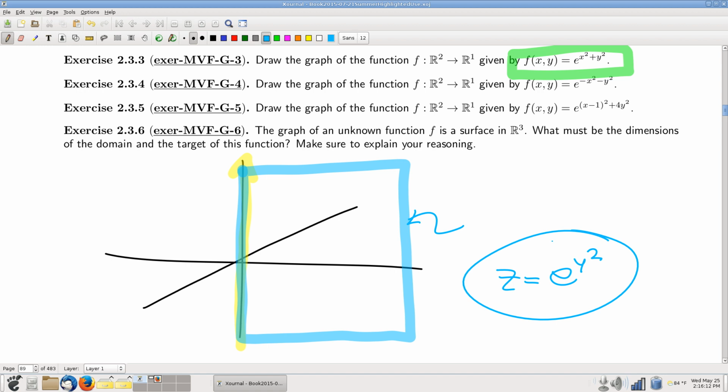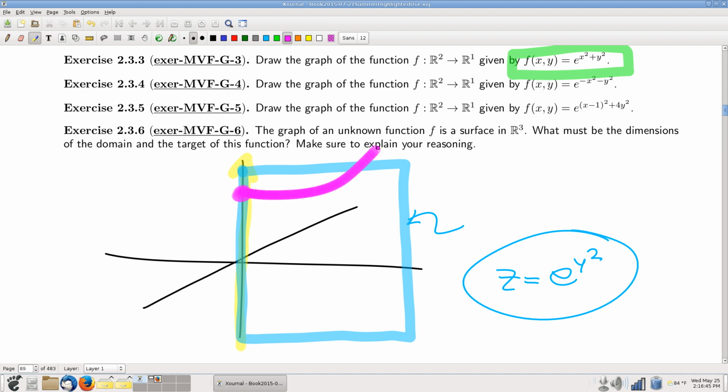And here's where you have to do some single variable calculus kind of work. Let's start plugging in different values of y and see what values of z we get. You plug in y equals 0 and you get 1. If you plug in larger values of y, you get larger values of y squared and then larger values of e to the y squared.